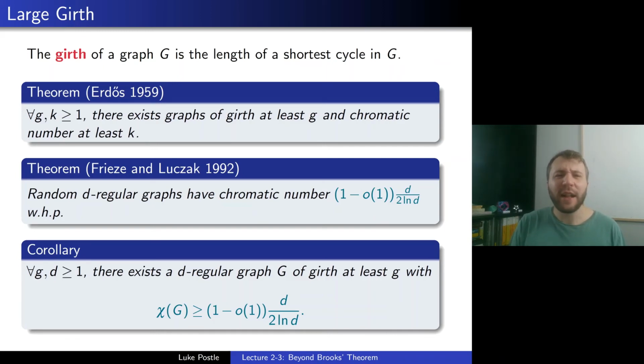So now we have a somewhat natural lower bound coming from these random d-regular graphs for large girth. So you can't hope, even if you exclude all the possible cliques and all the small cycles, to do better than this.